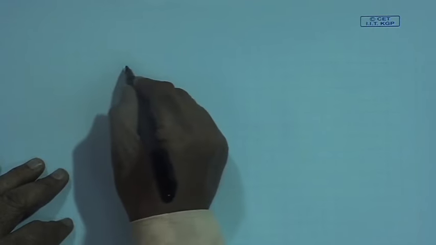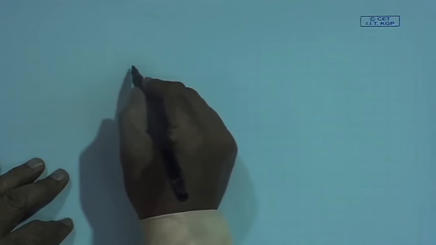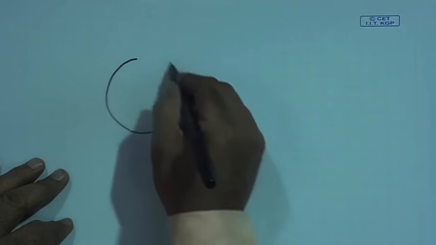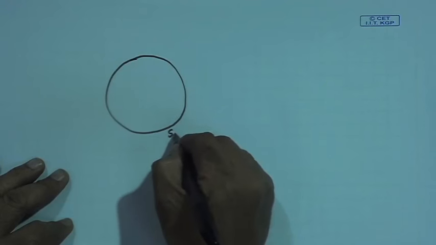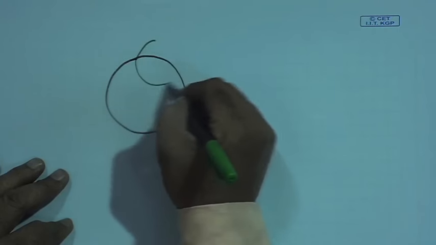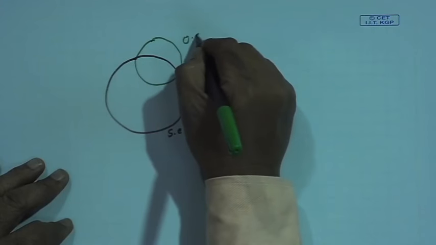So, for that, let me draw this. Suppose this is my Smith chart and this is my output stability circle.